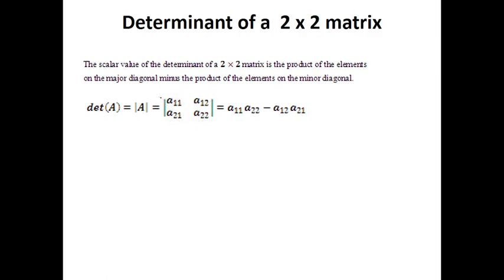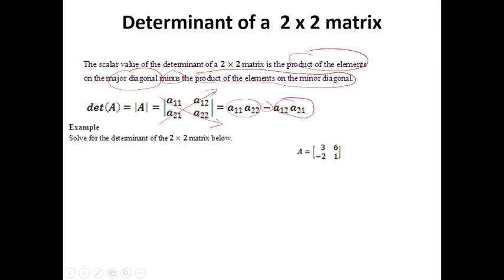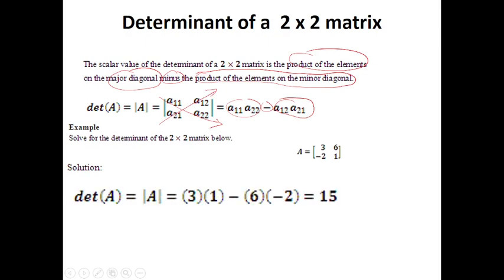We simply multiply A11 and A22, the product of the elements on the major diagonal, minus the product of the elements on the minor diagonal. Simply as that. For example, this will be 3 times 1 minus 6 times negative 2. And the answer is 15.